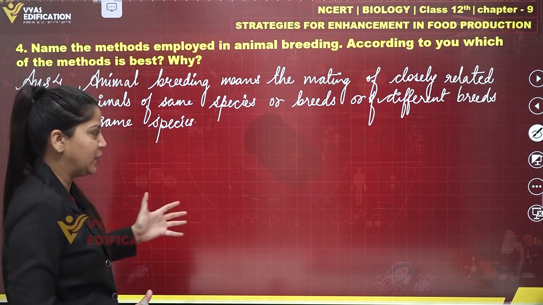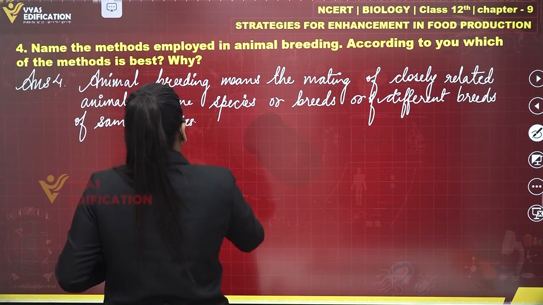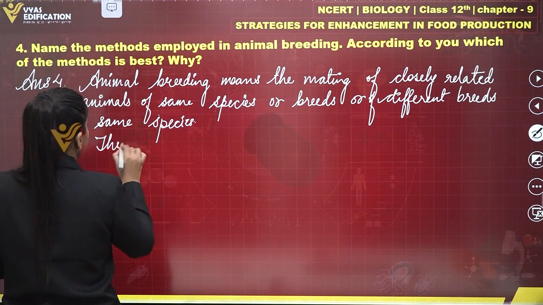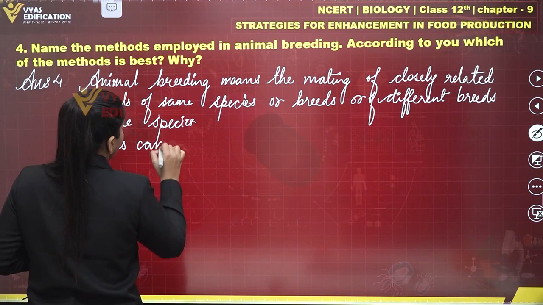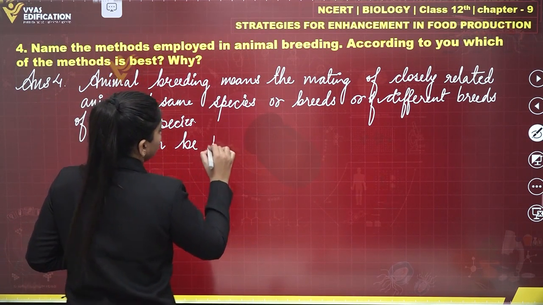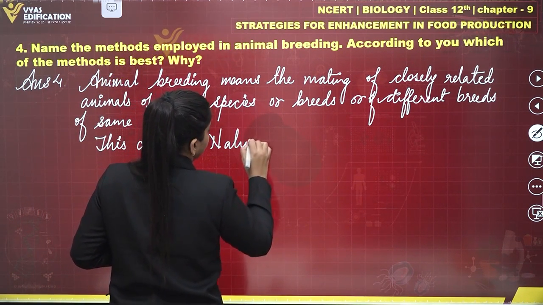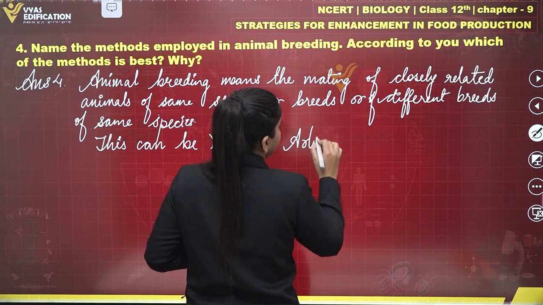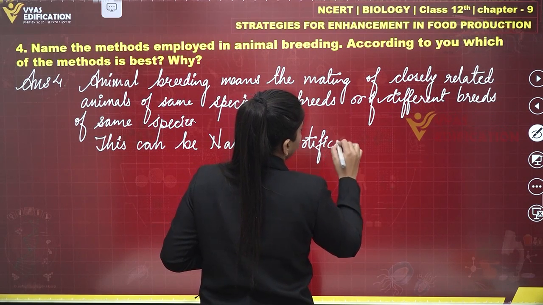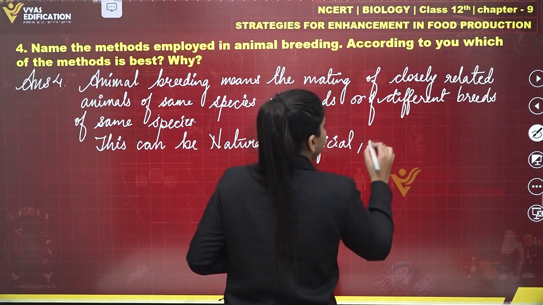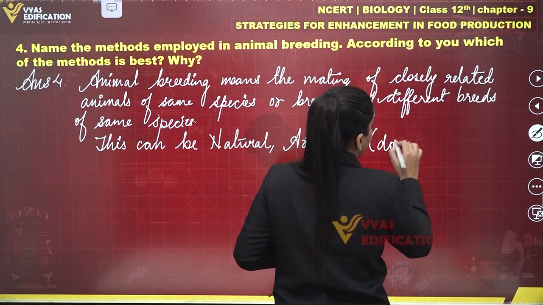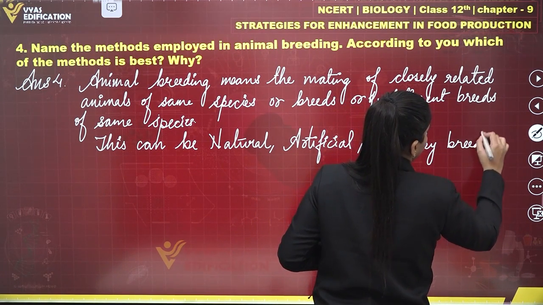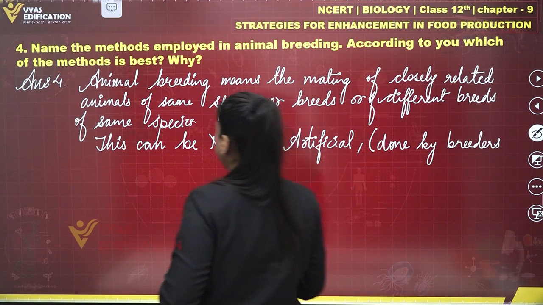Now, if we talk about the methods, then this can be natural, and this also can be artificial. If it is artificial, then it is done by breeders. How?